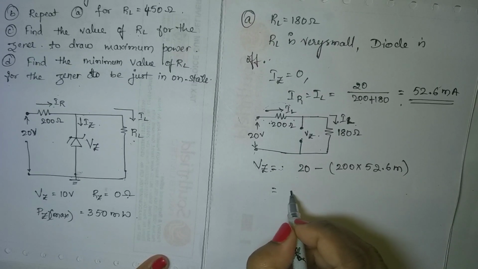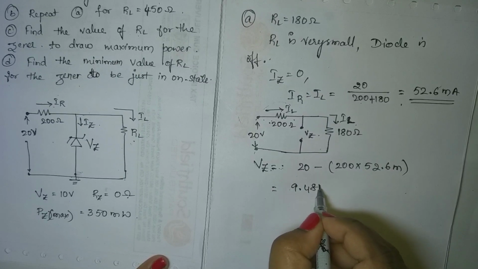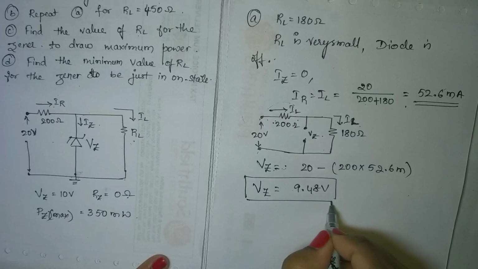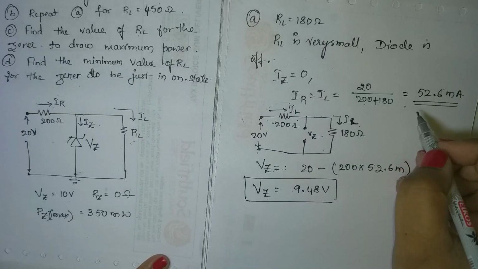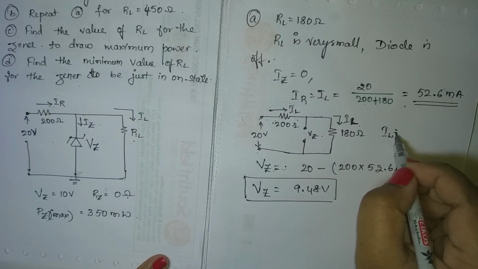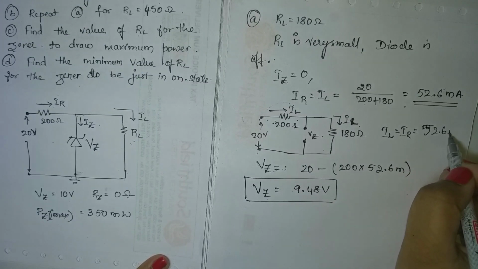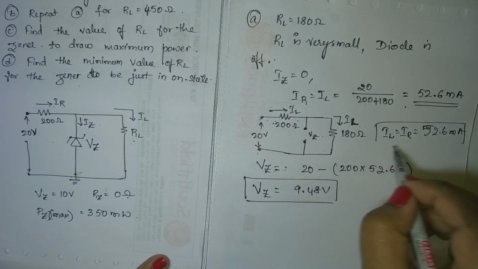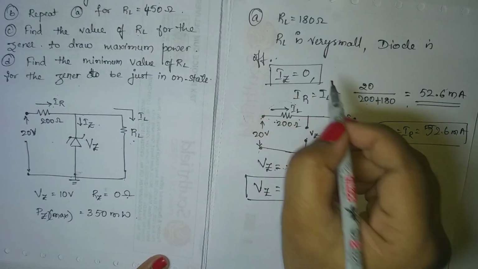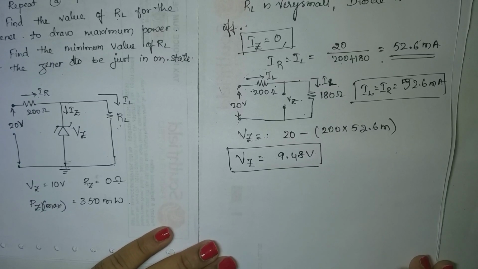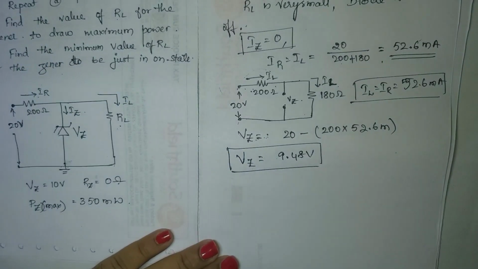So you will get VZ equal to 9.48 volts. So IL equal to IR is equal to 52.6 milliamps, IZ is 0, and the third parameter, VZ, is equal to 9.48 volts. So this is the first part of the problem.